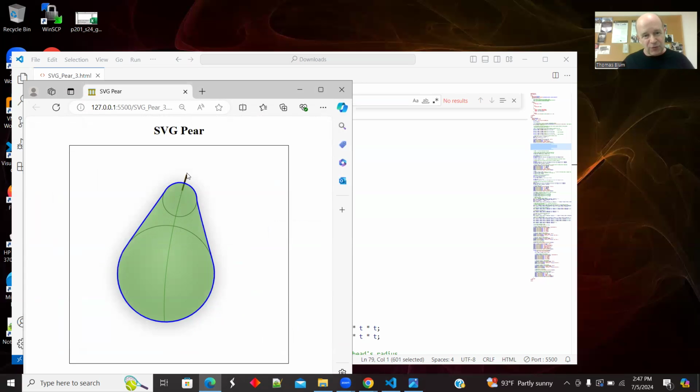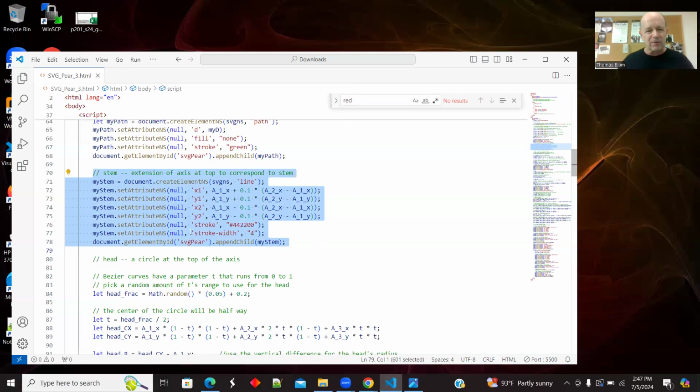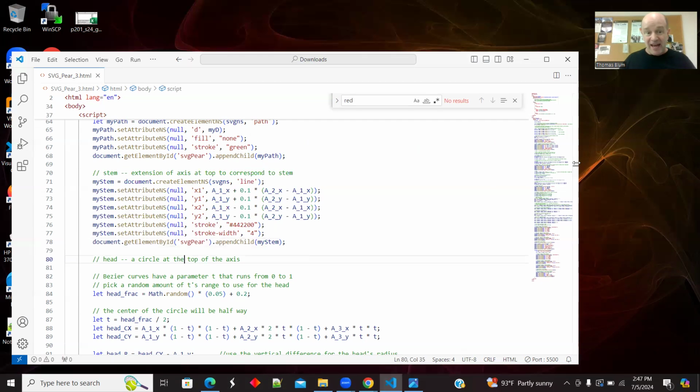And then I made this dark reddish brown line a little bit below, a little bit above. And that I'm calling my stem. And that was simply a line. If I wanted a fancier stem, I might make it a little bit longer, a little bit curved. I just have this stubby little stem sticking straight along my axis. Okay. Now I start to make the head.